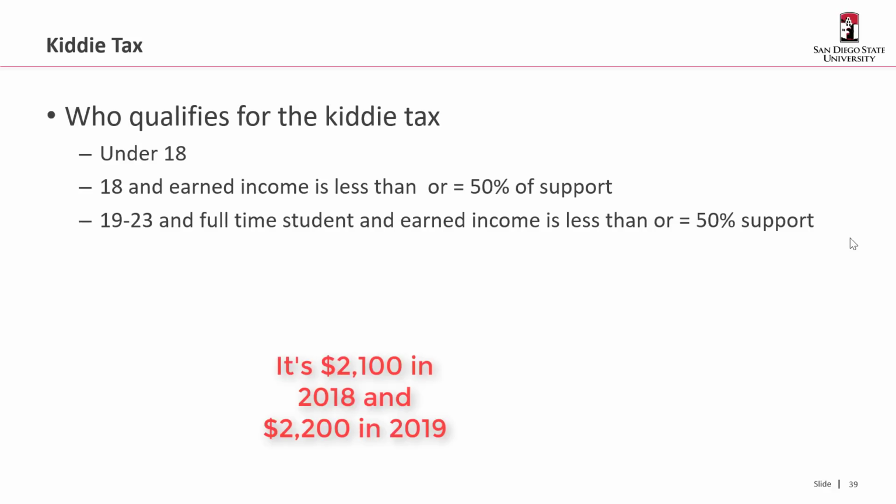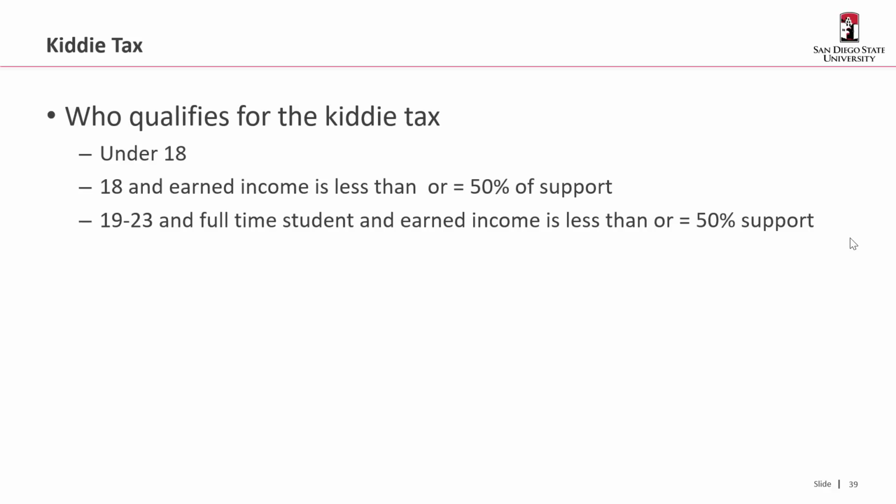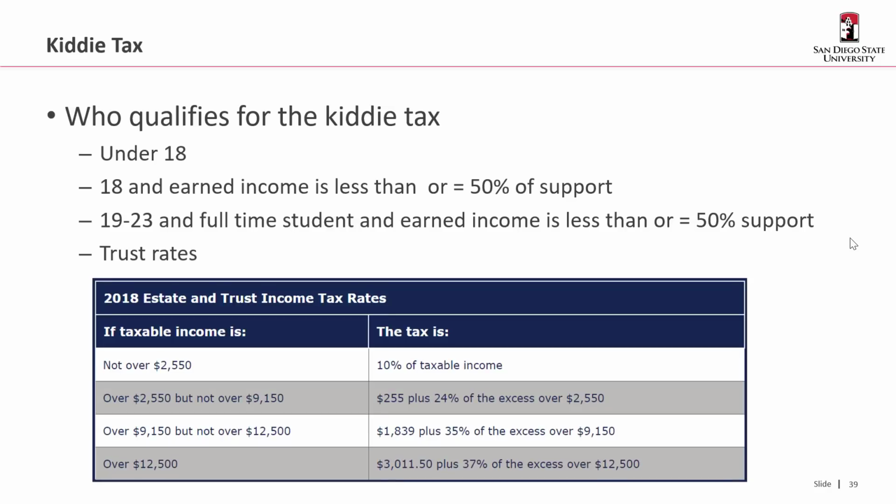So if you're under 18, or if you are 18 and earned income is less than or equal to 50% of your support, or you're 19 through 23 and a full-time student and your earned income is less than or equal to 50% of your support. In any of those situations, you qualify for the kiddie tax.